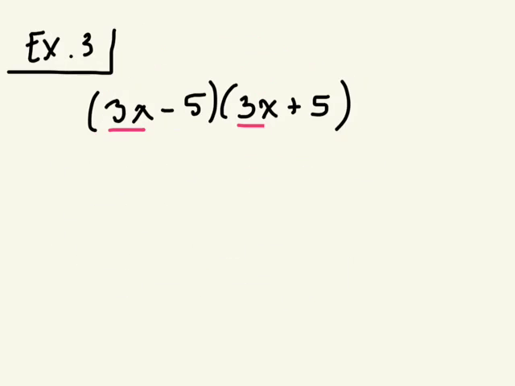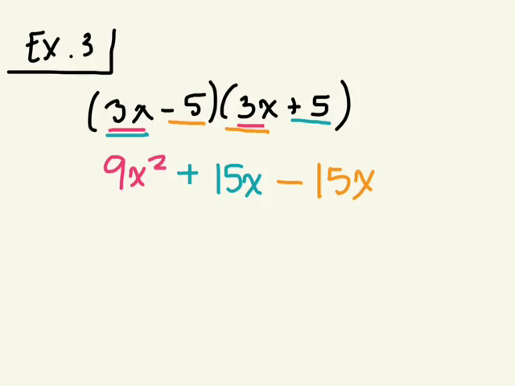It's 3x times 3x. Good. What's the next term? 3x times positive 5 is positive 15x. And the next term, negative 5 times 3x is negative 15x. And the last term, negative 5 times positive 5, Ian?